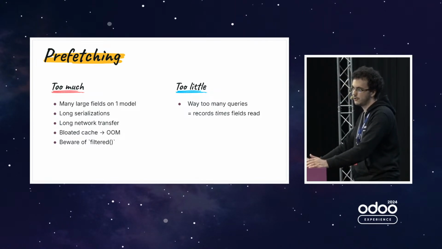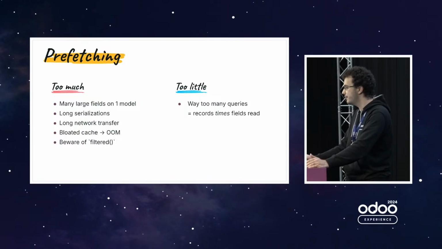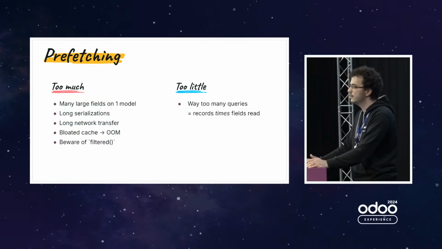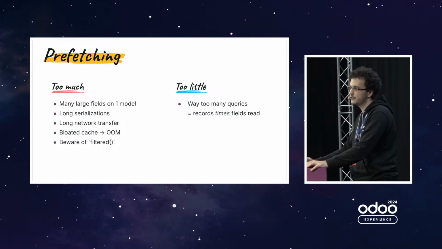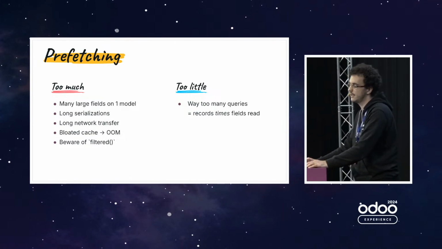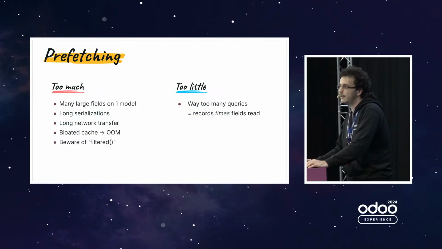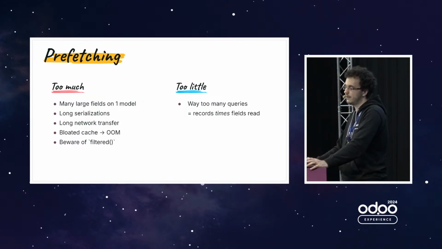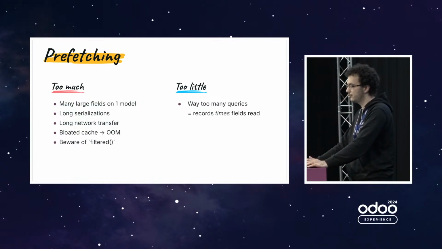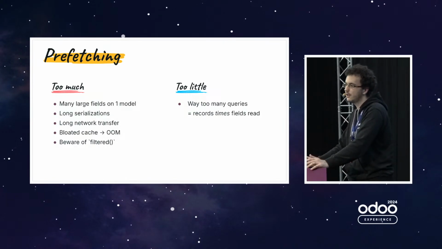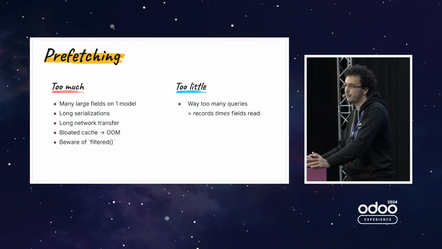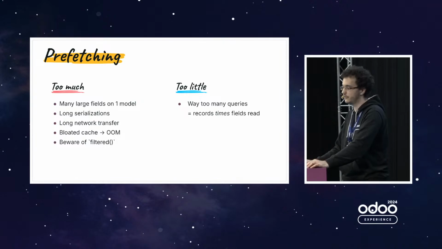So as an optimization, the ORM avoids doing the queries multiple times for each field, and it basically selects all the fields on that model that are not set as prefetch false. That usually helps with optimization by avoiding multiple queries, because a query has a cost, especially in latency, and also in the parsing and execution on the database.